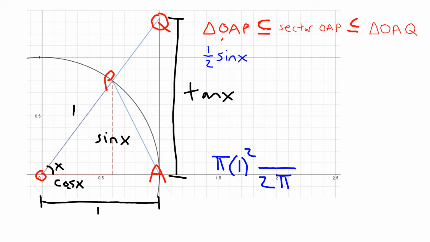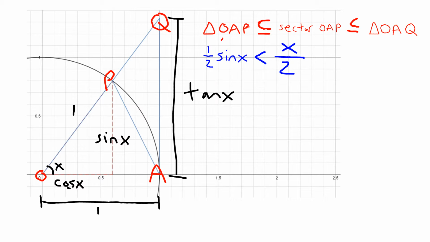And how many of those do we have to form the circular sector? Well, we have x of them. That means if we simplify this expression, we get x over 2. So the area of the circular sector is x over 2. And since the circular sector is bigger than the triangle OAP, we can say that 1/2 sine x is less than x over 2.